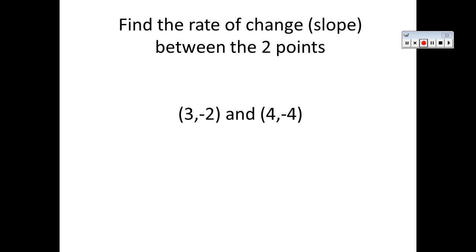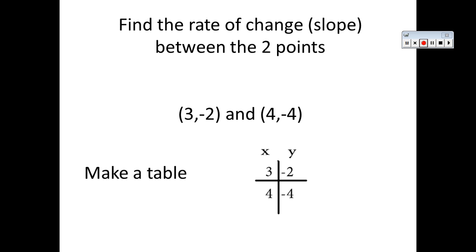Rate of change between 2 points, okay, you can make a table like we did before. The table, x on the left, y on the right. Look at the change in your x values from 3 to 4, which is a positive 1. What is the change in y from negative 2 to negative 4? It's a negative 2.